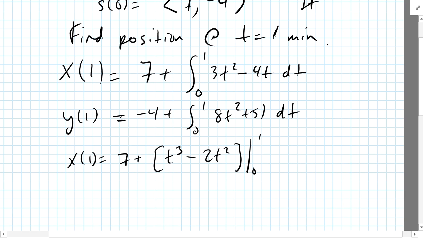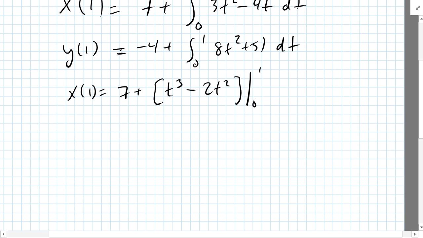Notice I wrote the integral, trying to make a squiggly S, and it's a straight bar at the back side, because I don't want to get these two confused. Y'all don't want to confuse me, do you? Doesn't go well for your test grade. 1 minus 2 when I evaluate it, and then there's minus 0. What does that equal? The x position is 6.